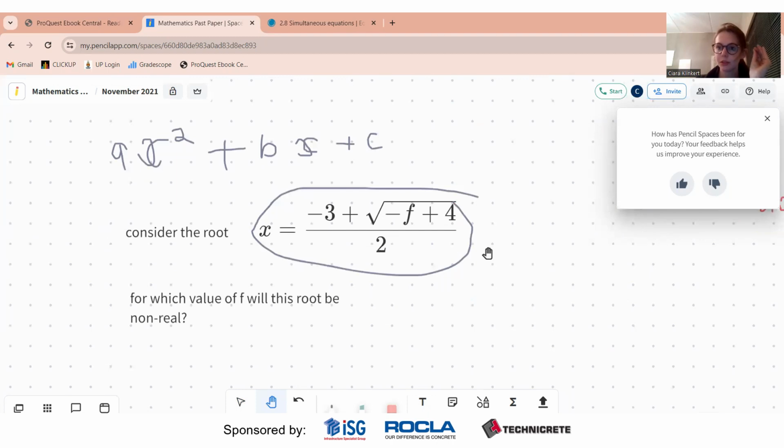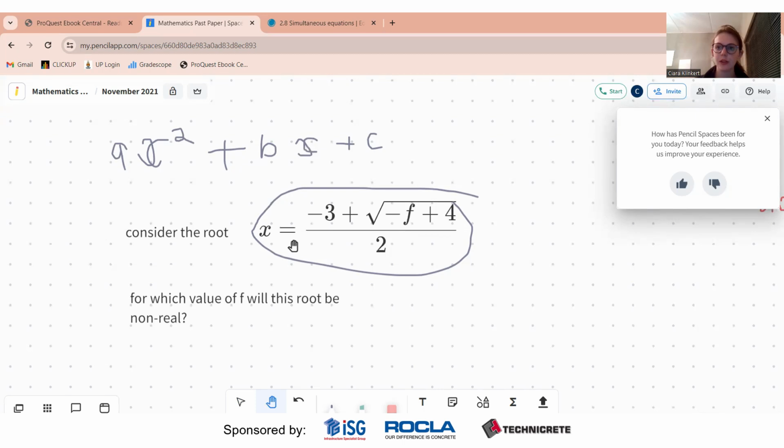They found a root, it just happens to have a variable in the solution. And they've told us, okay, this is a root we found: x is equal to -3 plus the square root of minus f plus 4, over 2. When will this root be non-real?